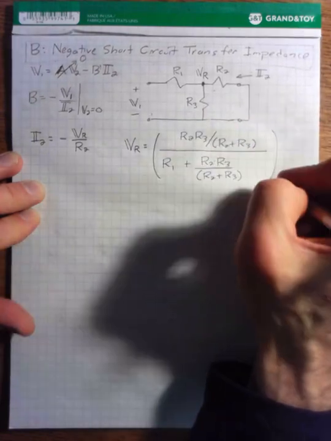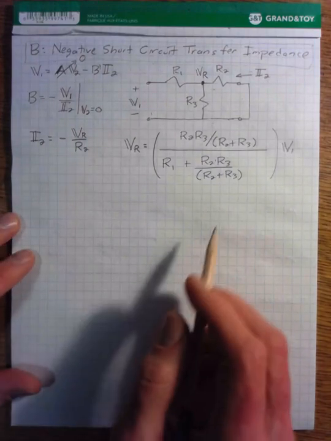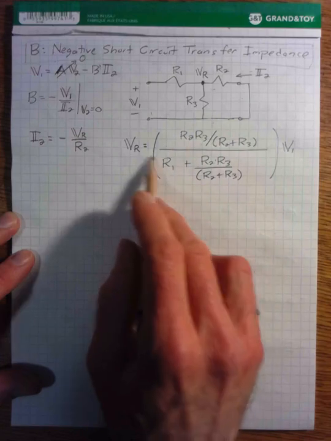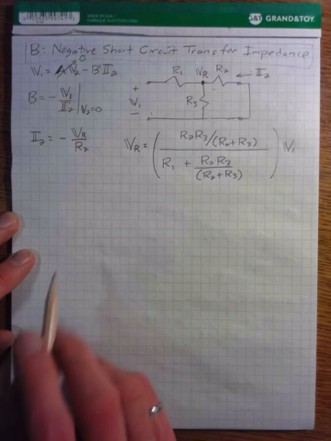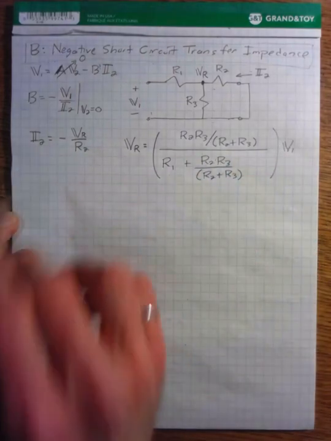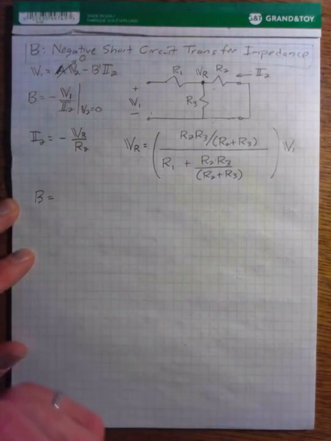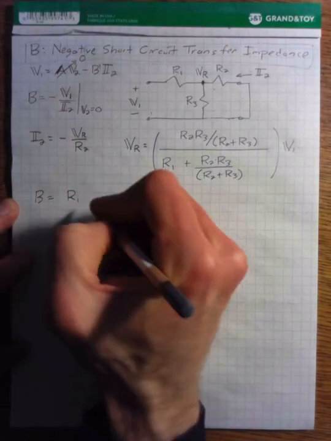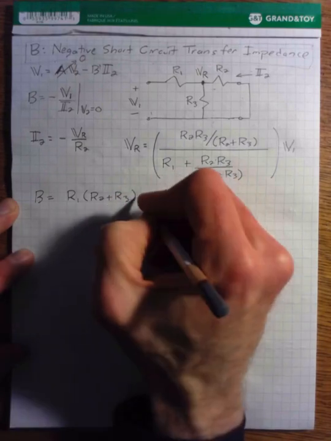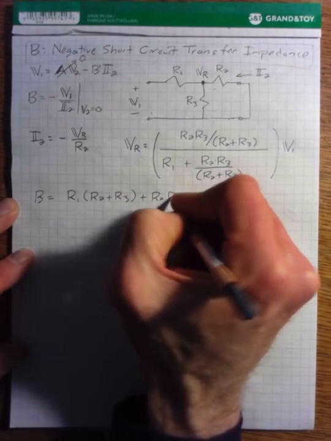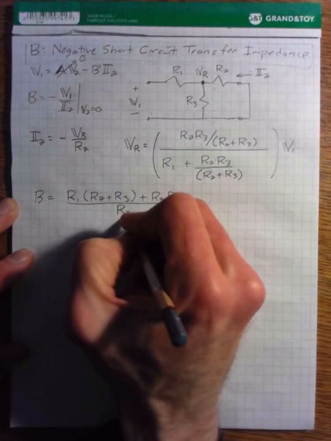This whole thing is multiplied by V1. And then if we just take this term for VR and we substitute it into the numerator for our current, and then solve for the ratio of V1 and I2, we get B being equal to R1 R2 plus R1 R3 plus the product of R2 and R3, divided by R3.